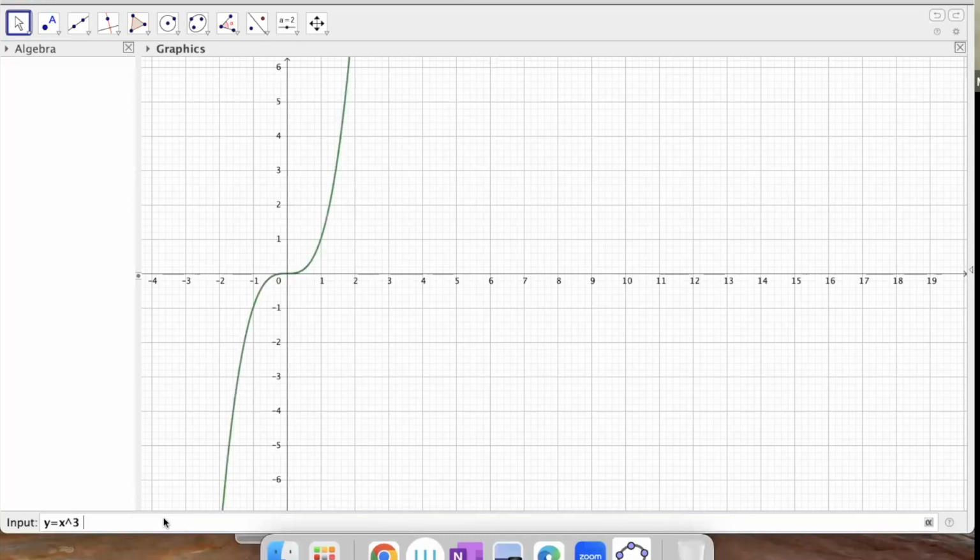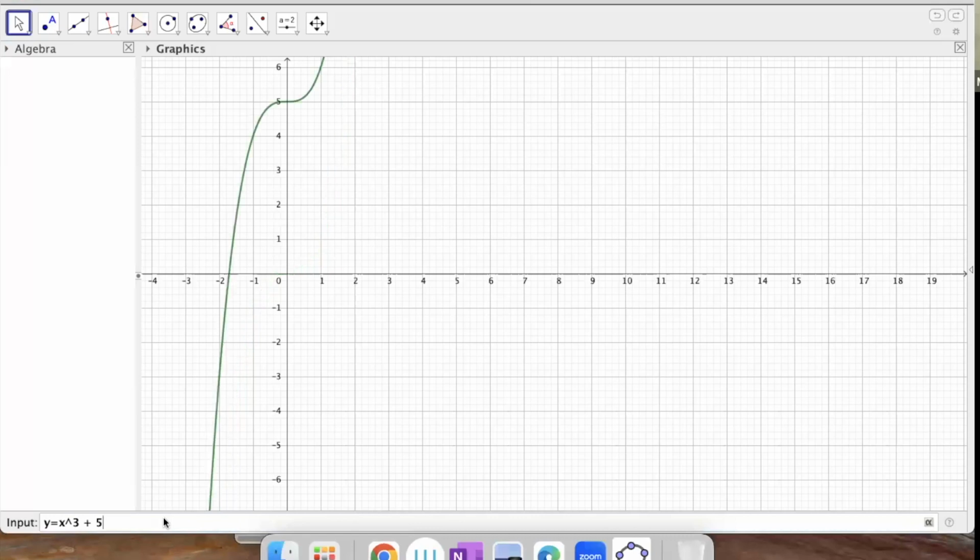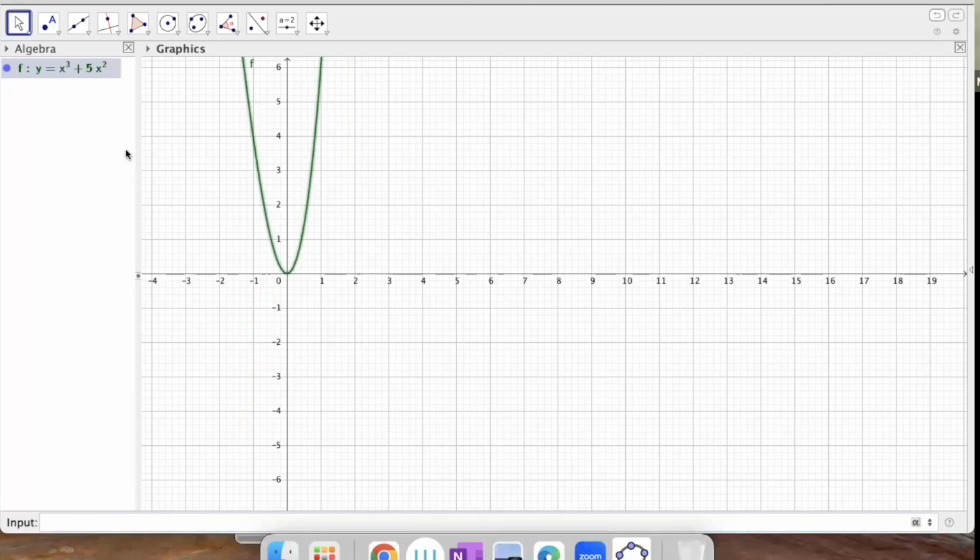Y is equals to x cube plus 5x square, and then it is still a curve. It is still a curve. y is equals to x cube plus 5x square.